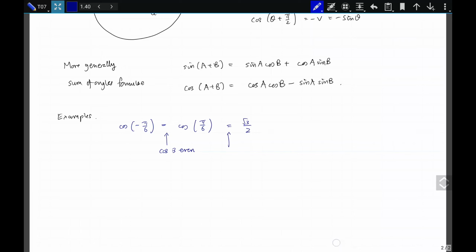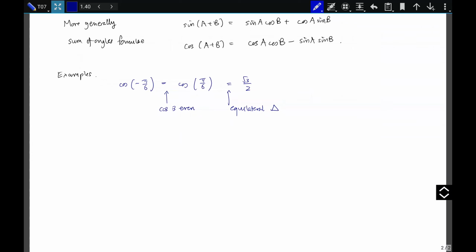And this is from the familiar equilateral triangle. So we're going to do this in a funny way. You can, of course, use that it's similar to cos of pi by 3 up to some sign.